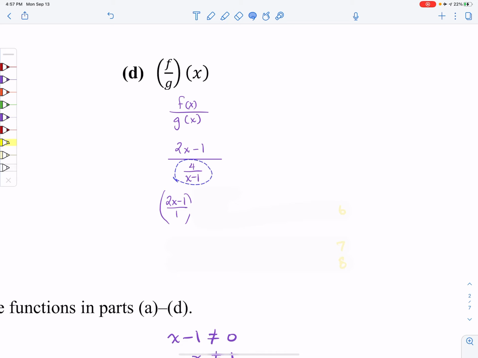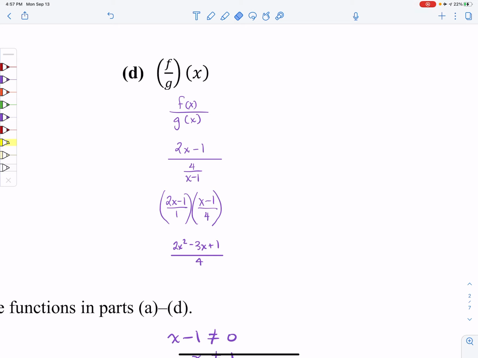But the bottom, you're going to flip it over and multiply. Okay, so you can see that that's the reciprocal of the denominator. So now I'm going to go back to, let's multiply tops and multiply bottoms. When I multiply tops, and this is done by foiling, I'll have 2x squared minus 3x plus 1. And then when I multiply the bottoms, I have a 1 times a 4.